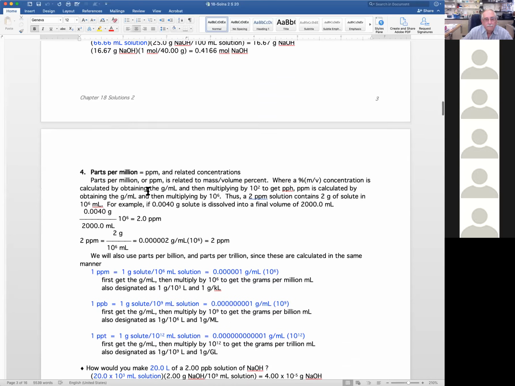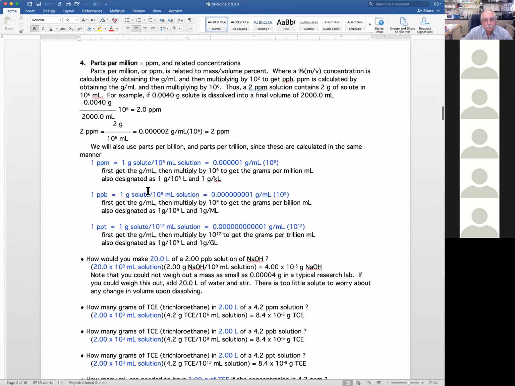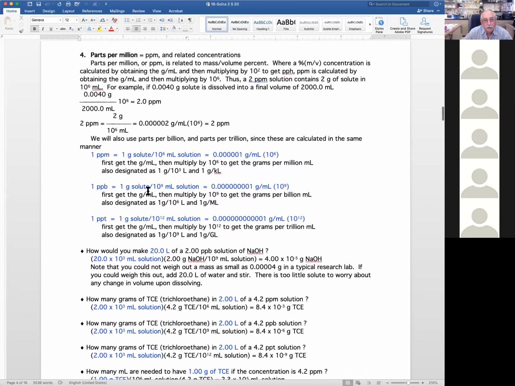So once we did grams per mil times 100, which is really considered parts per 100, what the heck is parts per million? What does it mean, a 2 part per million solution? For every 2 grams, there's 2 grams in a million milliliters.